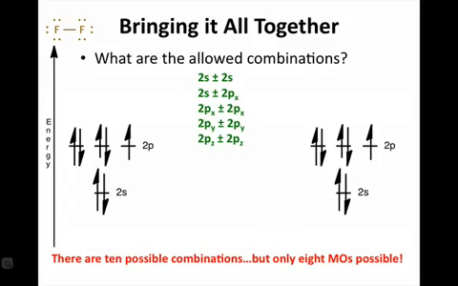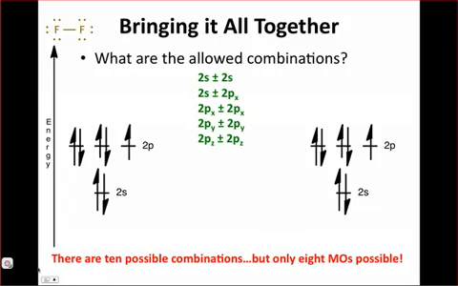And when it comes to energy, what you should keep in mind is that orbitals that are similar in energy will overlap more efficiently than orbitals that are not similar in energy. So for instance, the 2p orbitals interacting with themselves are all going to be great combinations because those orbitals are equal in energy, and so there will be a large stabilization of the bonding orbital when those orbitals interact.